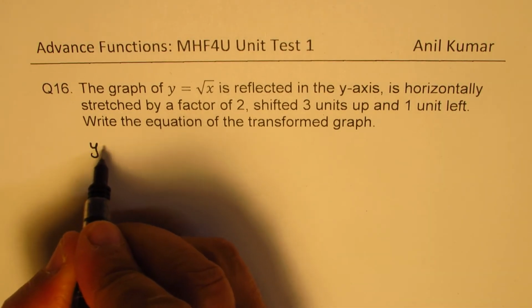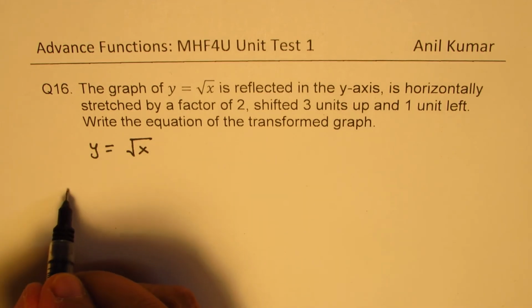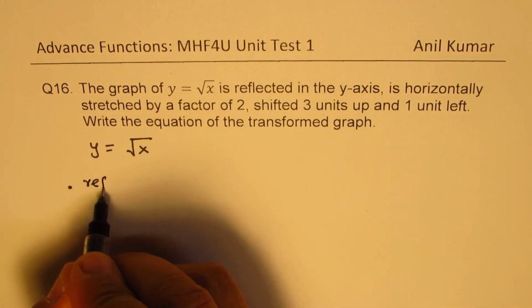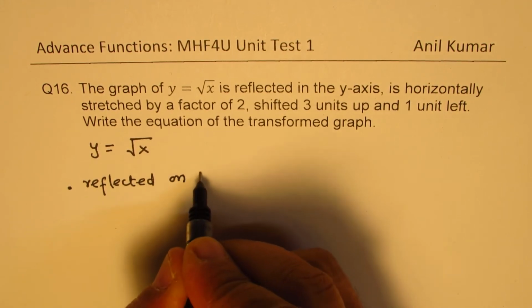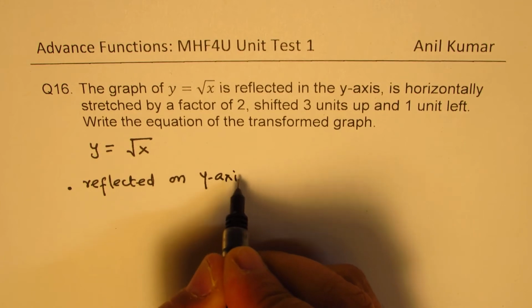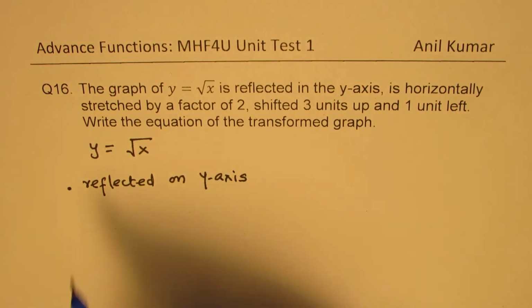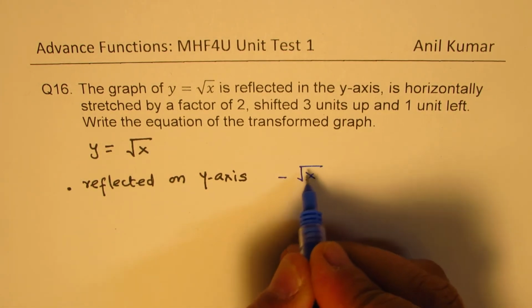So we are given the function y equals square root of x. The transformations here are, first, reflected on y-axis. So if you reflect this on y-axis, then what do you get? You get this function as minus square root of x, correct?